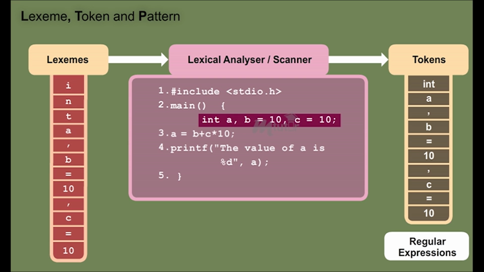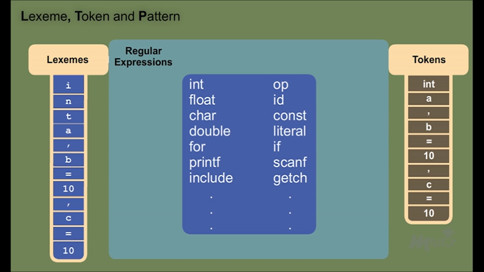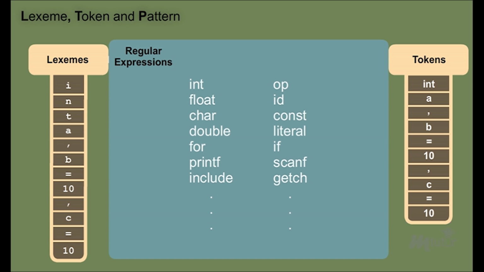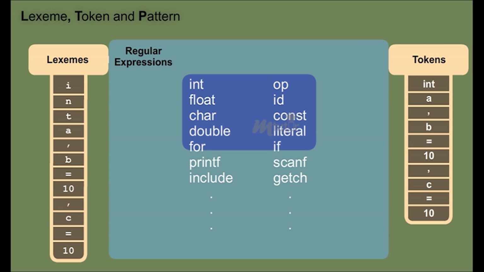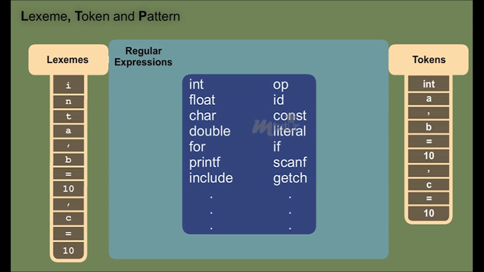We know that lexemes are a stream of characters in the source code that are matched by the pattern for a token. For every lexeme, there is a predefined rule called a pattern, which identifies if the token is valid or not. These rules are described by the grammar rules. A pattern has a set of predefined rules that contain a list of valid tokens.